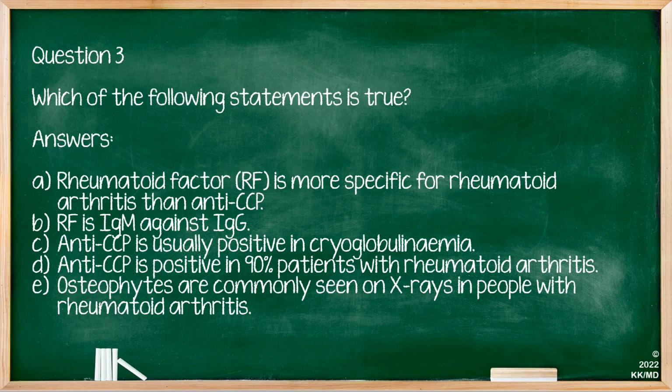Just to look at the other answers as well, which are incorrect. It is rheumatoid factor that's usually positive in cryoglobulinemia. And anti-CCP antibody is positive in approximately 70% of patients with rheumatoid arthritis. And osteophytes are an X-ray feature in people with osteoarthritis, not rheumatoid arthritis. So there we have the correct answer, which is option B.